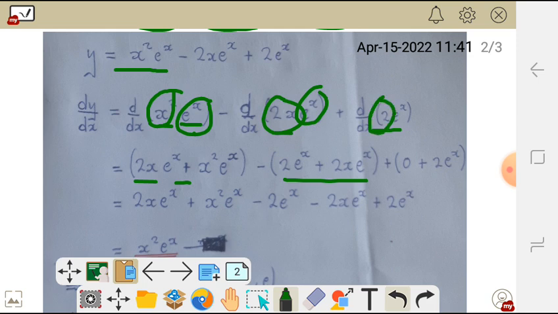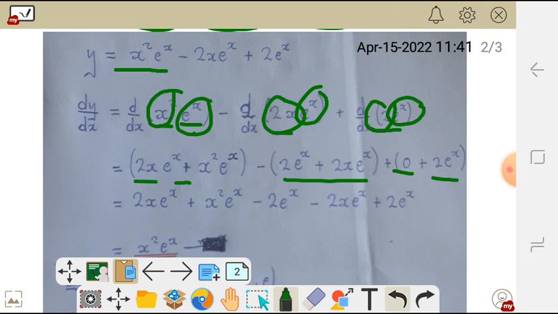Remember, the differential of a constant 2 is just 0. 0 multiplied by e to the power x, we are going to have a 0 here, plus the differential of e to the power x is e to the power x again, multiplied by 2. We are going to have 2e to the power x.